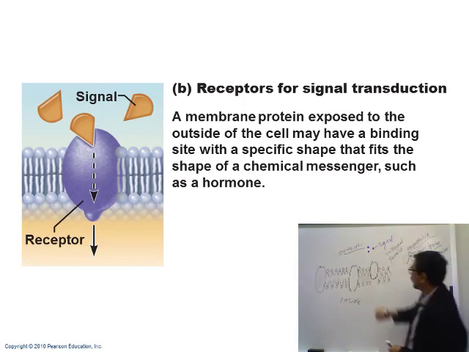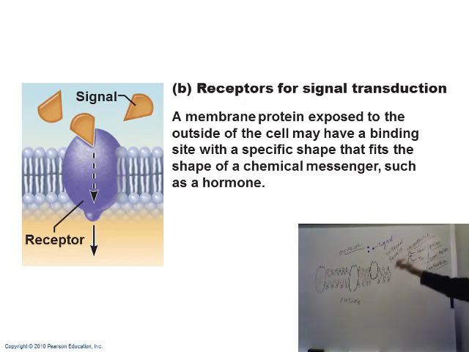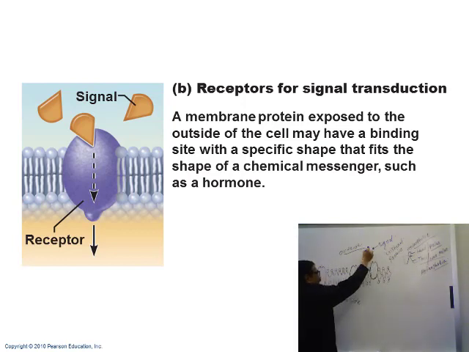So signal molecules or hormone molecules will come, and since these molecules are round, they will perfectly fit here. If it goes there, no, because the shape is different. If it goes here, no. Okay. So this is the receptor protein for this hormone molecule.